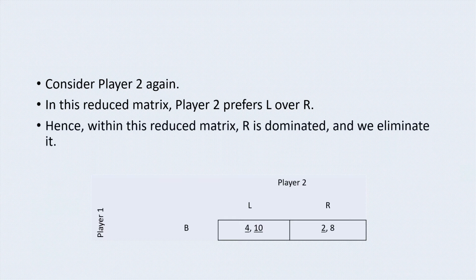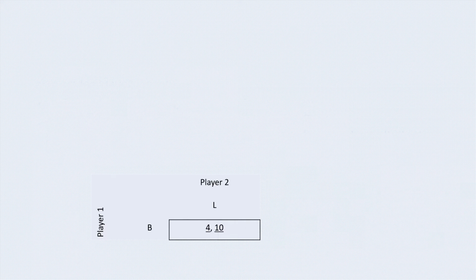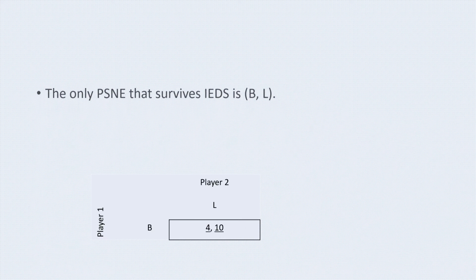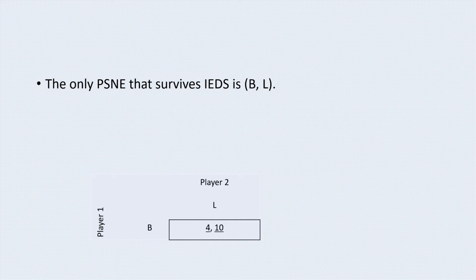So it is as if in this reduced matrix, R is an example of a dominated strategy, and we can eliminate R as well. So once we eliminate R, there is only one cell that survives this process of iterative elimination, and this is the cell BL.